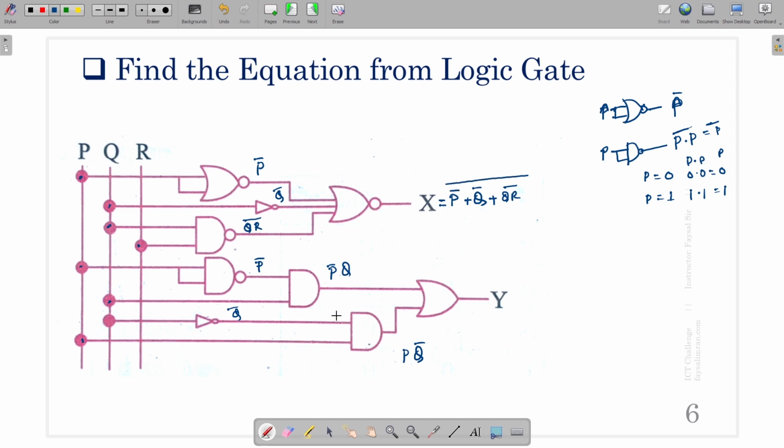Okay, so now for this OR logic gate, what will you get? Y is equal to, one of our inputs is P bar Q, so P bar Q, then our other input is PQ bar, so plus PQ bar. So here we don't need to mark a whole bar because we don't have a NOT logic gate here. So this is our output.